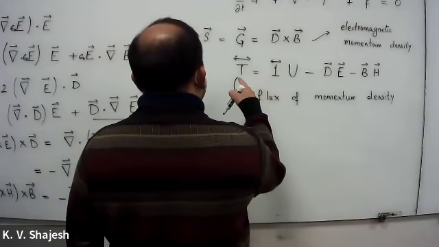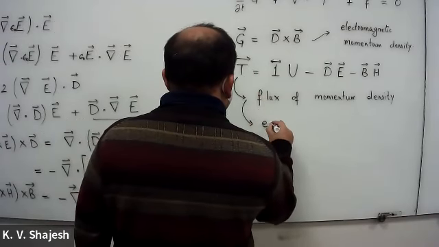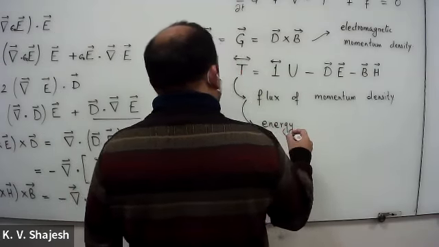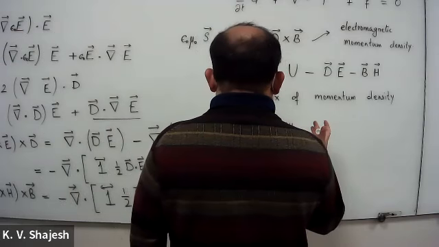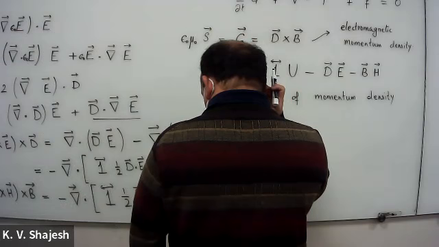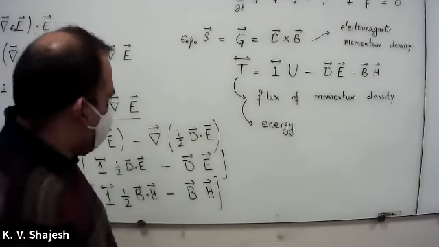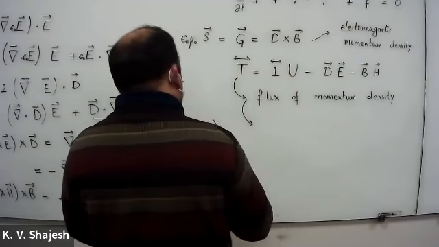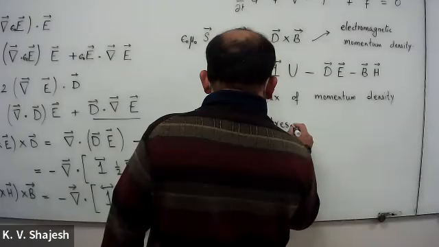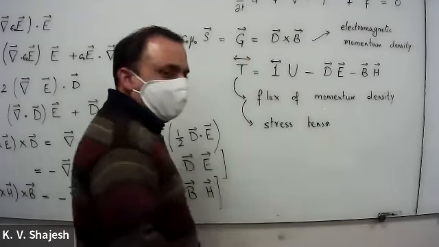This is also called the energy momentum flux tensor. You can say electromagnetic flux tensor.